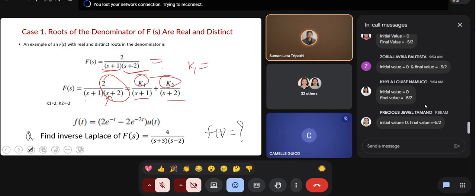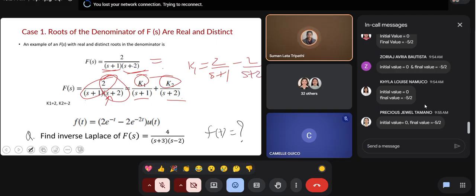If you put minus 1 in this, this will become plus 1 and the answer will be 2. So the k1 value will be 2, so 2 upon s plus 1. What about k2? For k2 we take this term, remove s plus 2 from this and put minus 2 over here. When you put minus 2, this will become minus 1. So the final answer will be minus 2 divided by s plus 2.